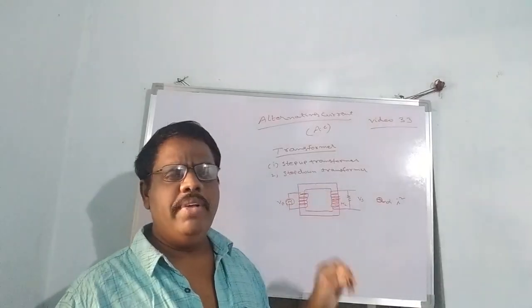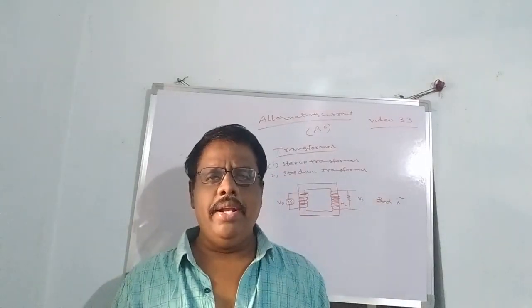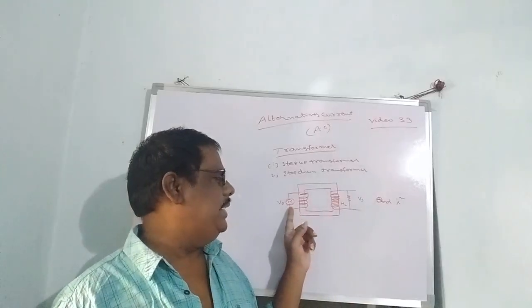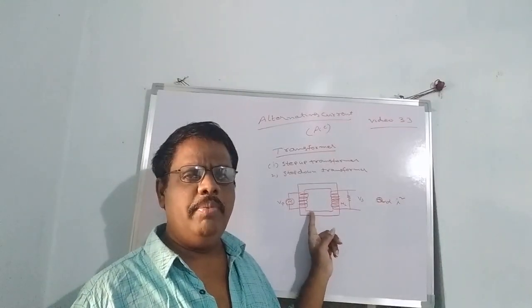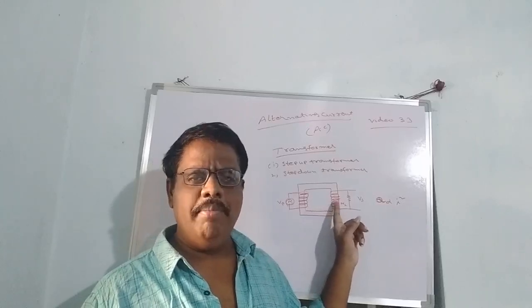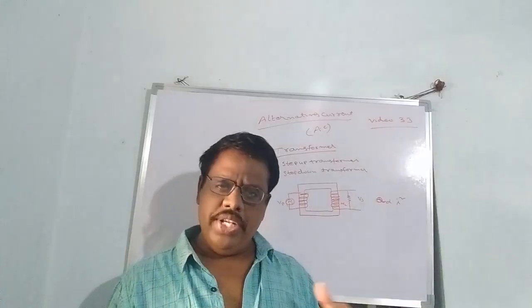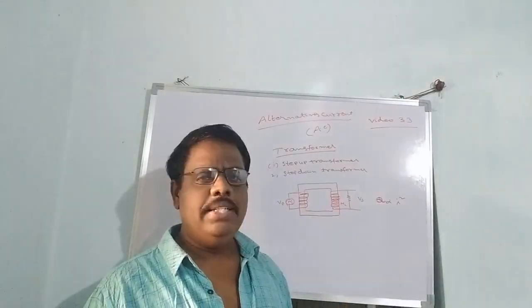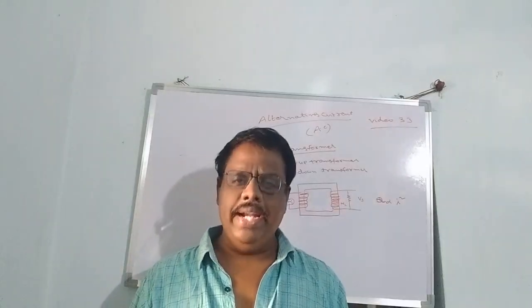The core is made with laminated sheets, thin rectangular metal plates laminated one above the other. If you apply an AC EMF at the primary coil, the AC input changes with time, so the magnetic flux linked with the secondary coil also changes. Due to this, an EMF is generated at the secondary. It works on the principle of mutual inductance.